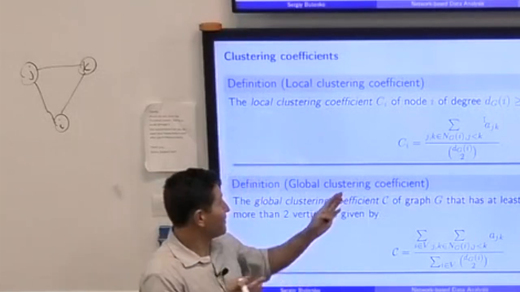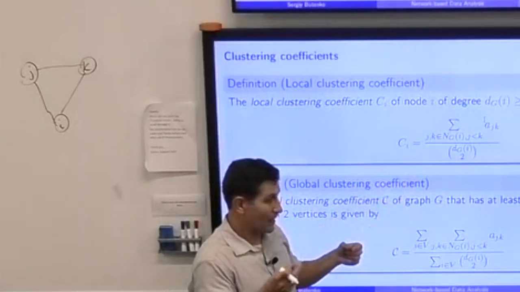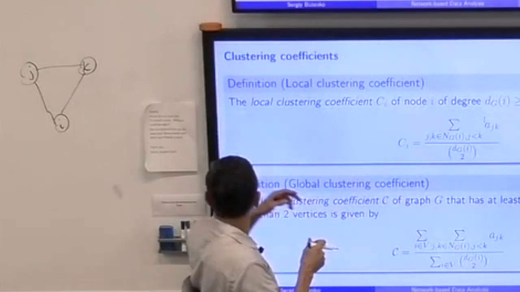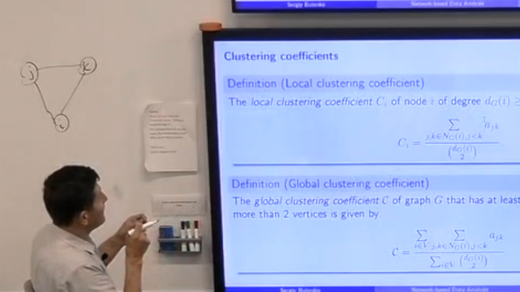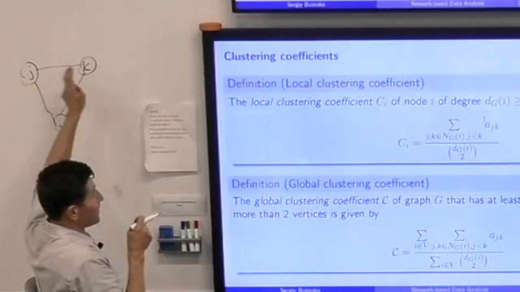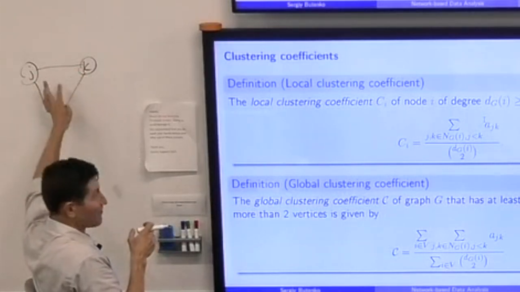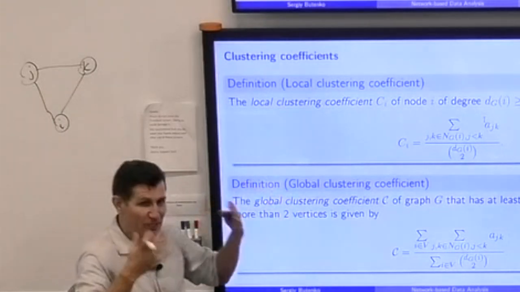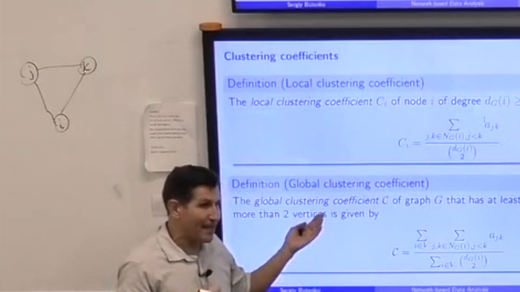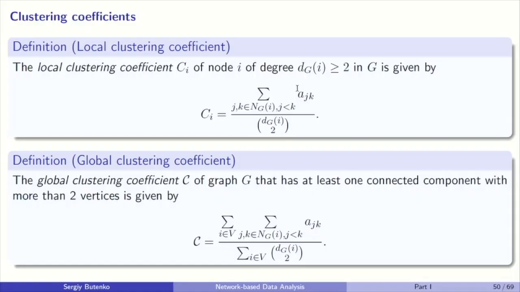So see, again, this kind of tests this idea that two people are more likely to be friends if they have a friend in common, right? So this density measures to which extent this is the case, right? And then the global clustering coefficient is like the averaging of these local clustering coefficients for all the nodes.